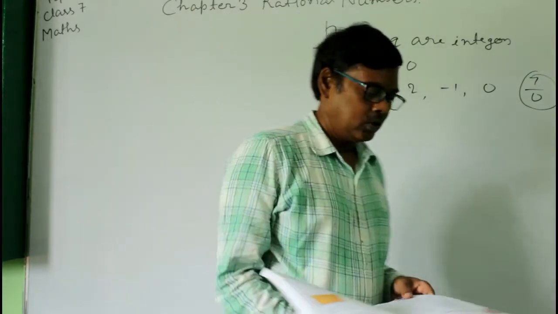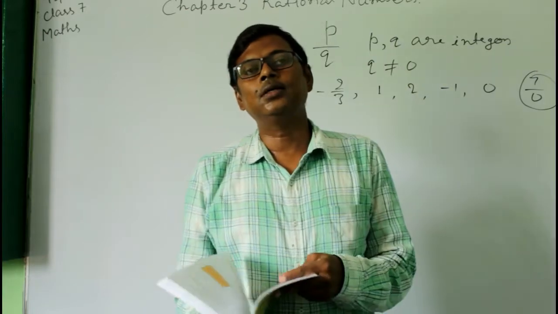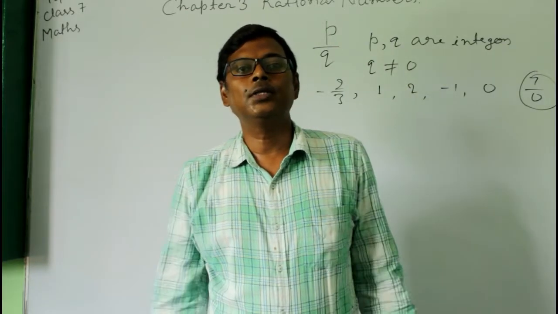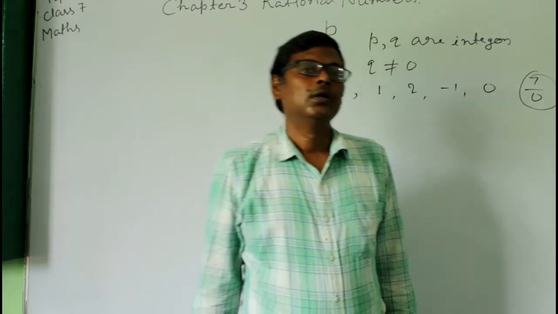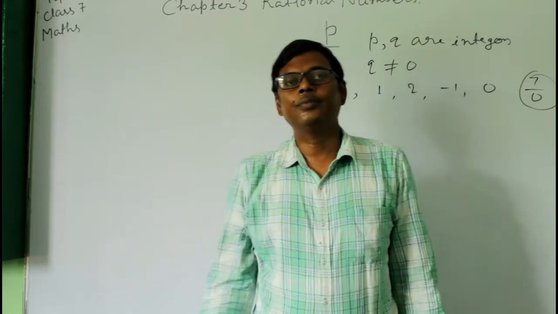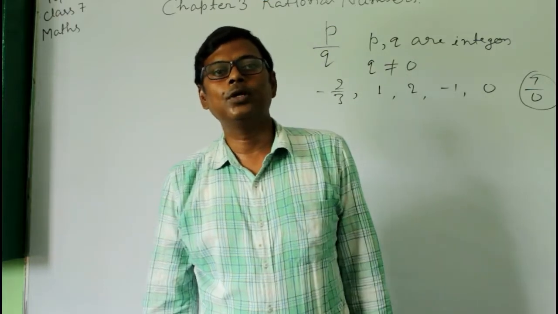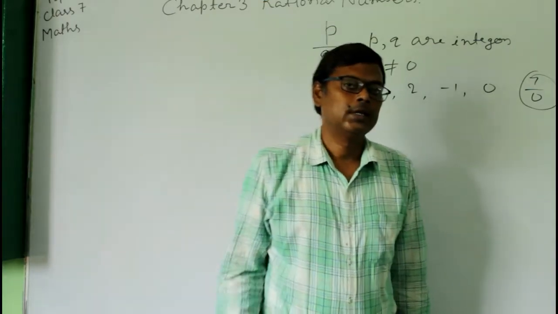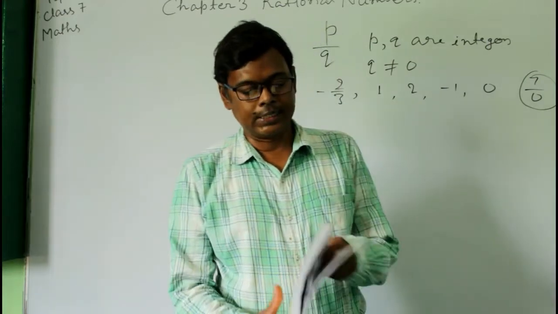Next, if you recall, in the number system we start with the natural numbers. We have already studied all these numbers: natural numbers, then whole numbers, then integers, and then here we are studying rational numbers.